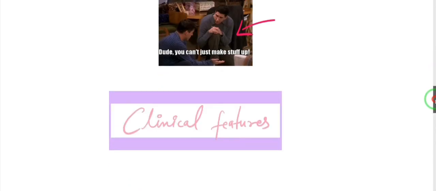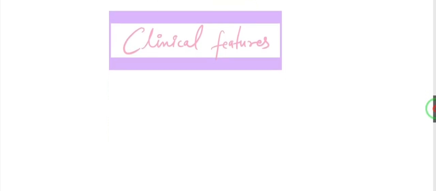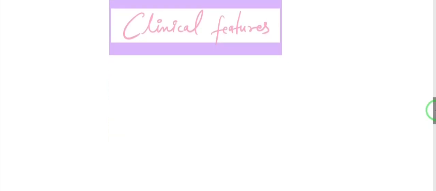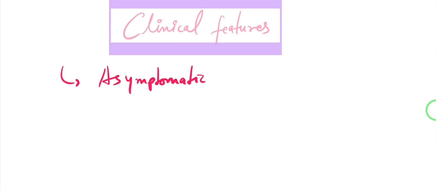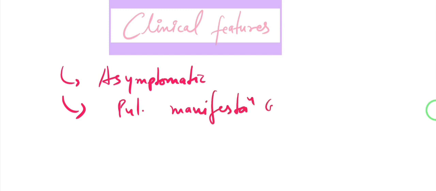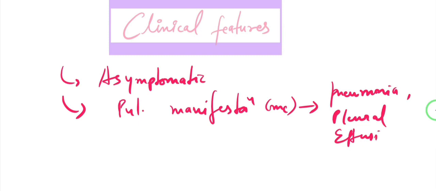Anyways, now the clinical features that we are going to see when the patient comes, right? As we all know, again, these people are going to be asymptomatic. Our immune system is going to take care of it. But if symptoms at all appear, we have pulmonary manifestations, which are the most common one, and they can cause pneumonia and pleural effusion, right?